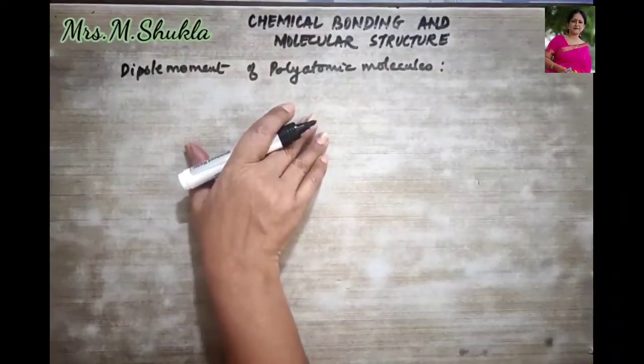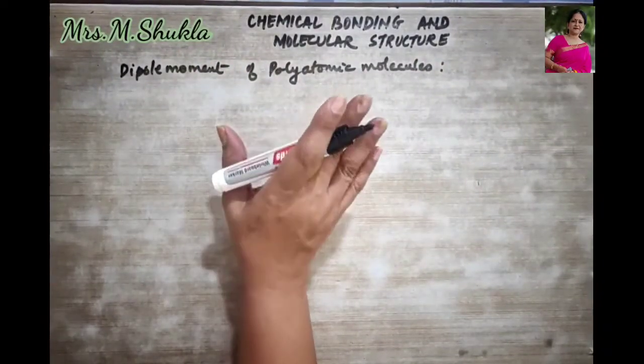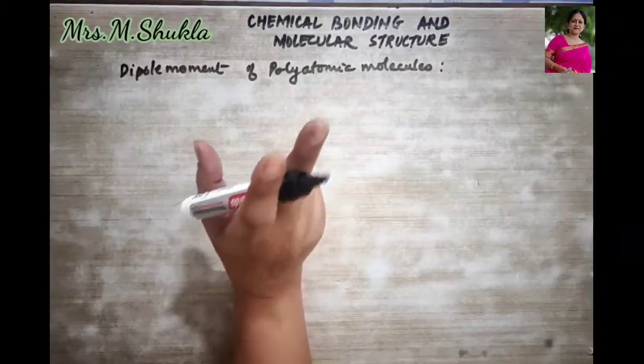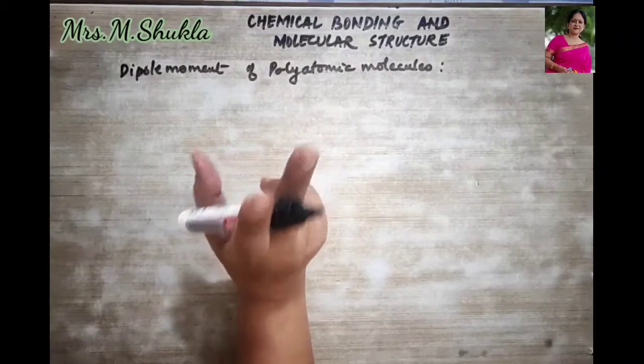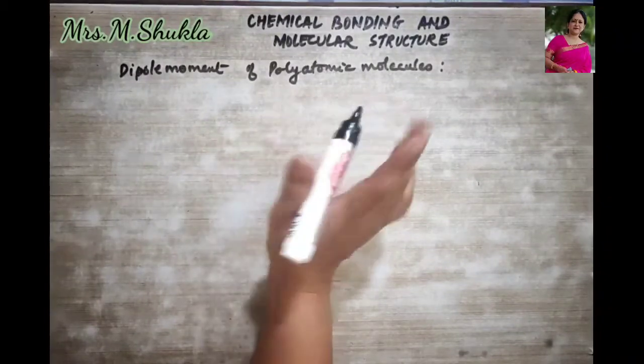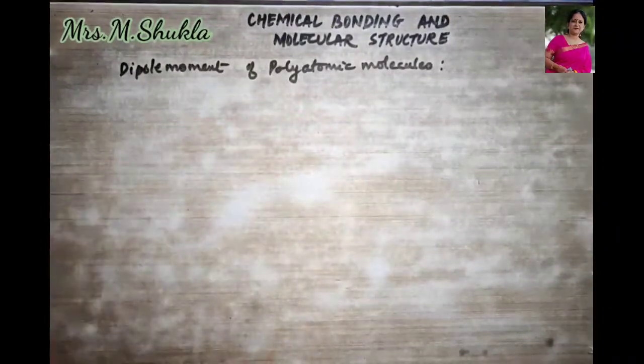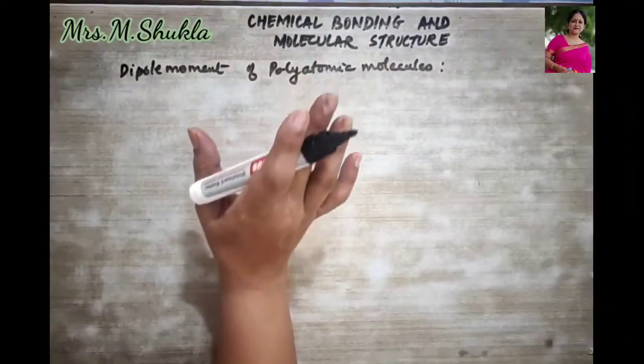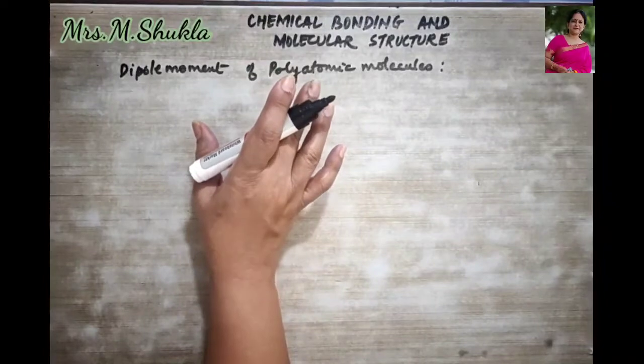So before I start with the examples, you should know that the dipole moment of a polyatomic molecule is always obtained by considering the dipole moment of each bond, right? So the directions of the bond dipoles decide the resultant dipole moment of the molecule.